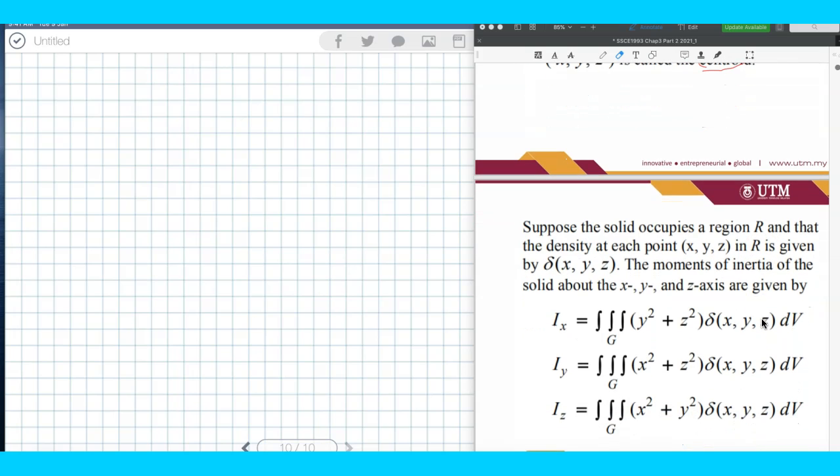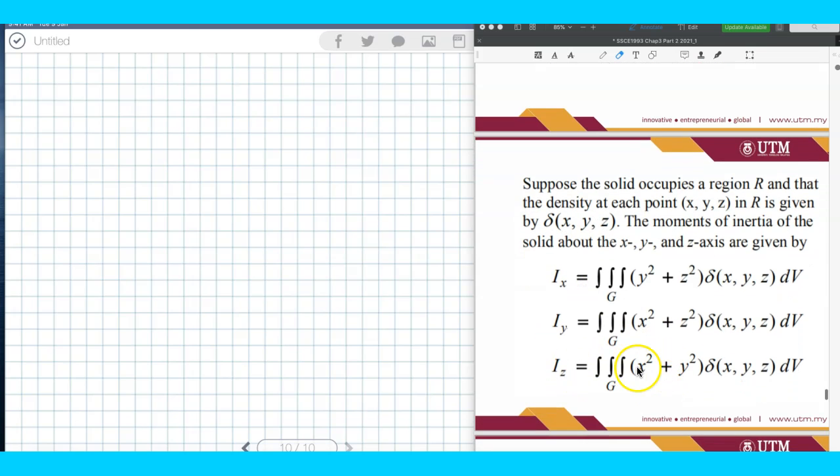In the triple integral we can also compute the moment of inertia, given by I. This is a bit different, not the same as for a lamina or double integral. For the triple integral we call this the moment of inertia of the solid about the x-axis, about the y-axis, and about the z-axis.